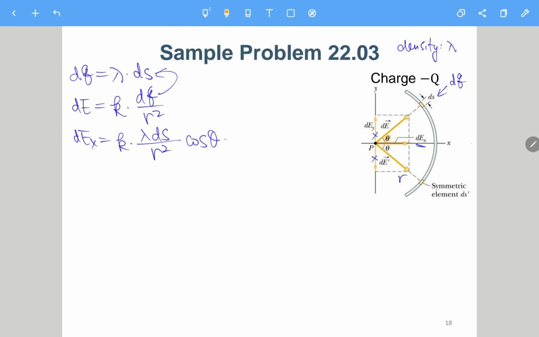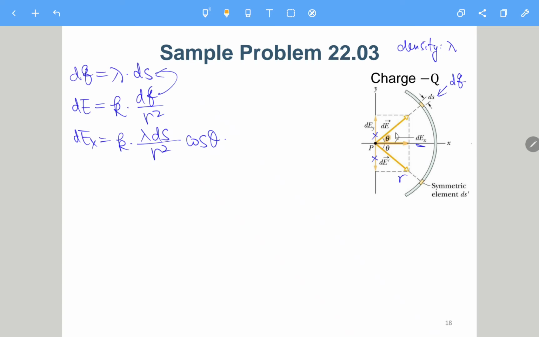Theta is this angle, the angle from the x-axis to dE. So this is cosine of theta because this one divided by this one is cosine theta.